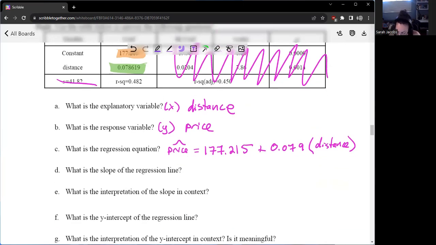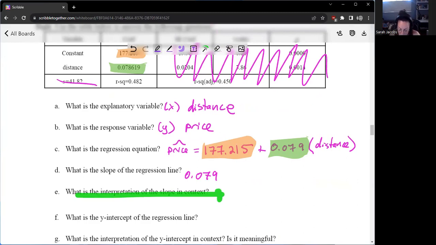Okay. So what is the slope of the regression equation? Well, the slope is the coefficient on x, or the coefficient on the explanatory variable. So that's going to be 0.079. And the interpretation of the slope in context.